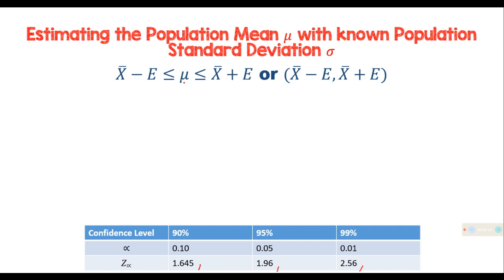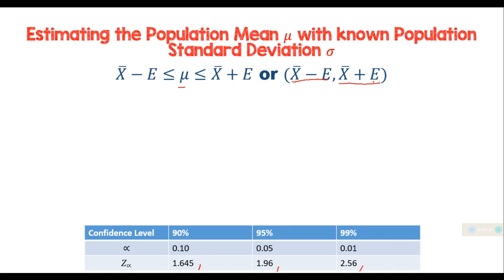So for approximating the true population mean, it is greater than or equal to the sample mean minus the margin of error, but less than or equal to the sample mean plus the margin of error E. Again, the population mean is greater than or equal to the sample mean minus E, but less than or equal the sample mean plus E. Or in interval notation, this is going to serve as the lower limit, your computed value for the difference, separated by a comma.